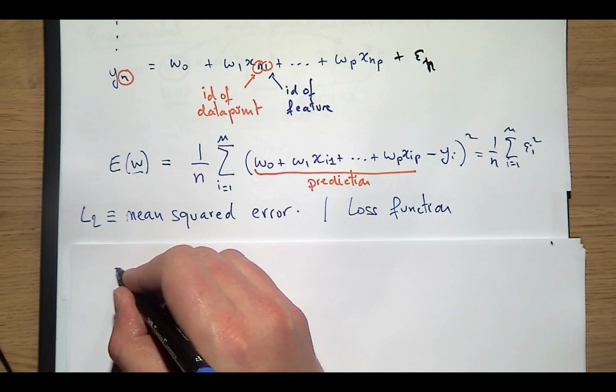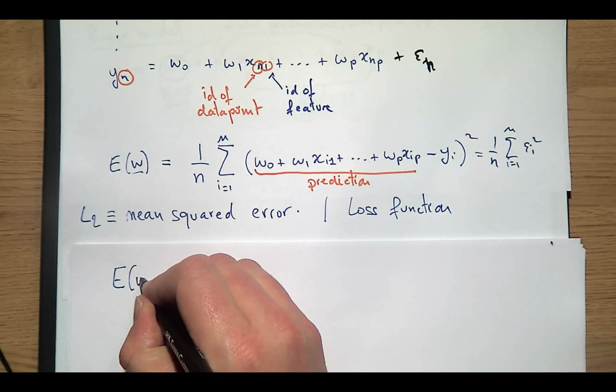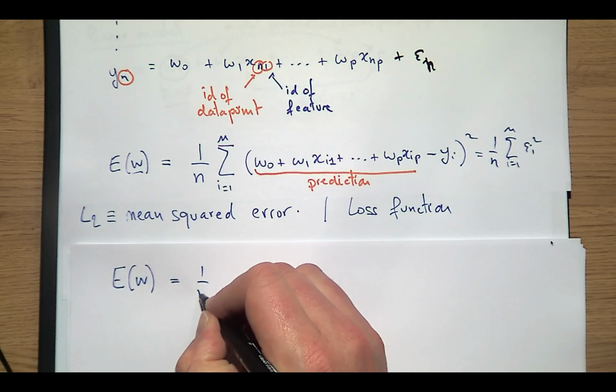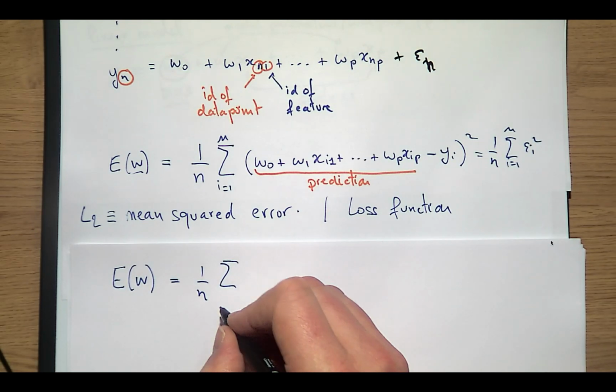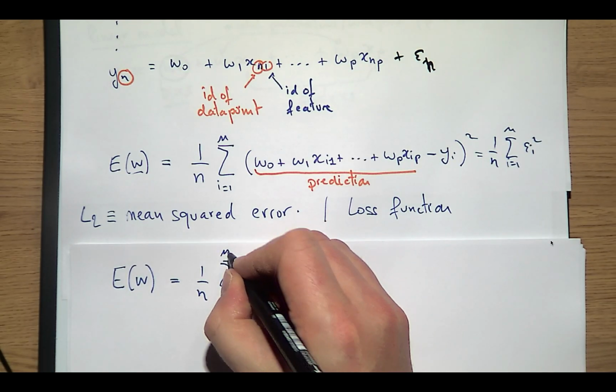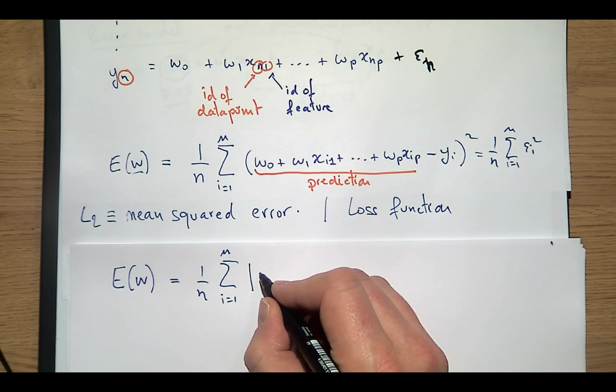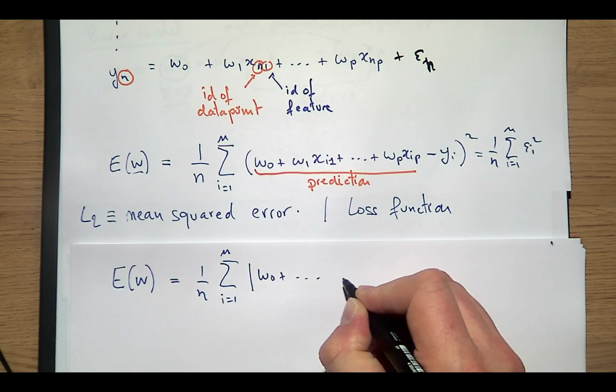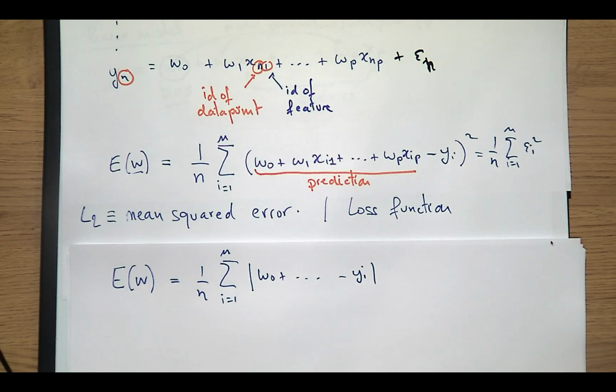So you could have said the error function here could have been, say, the mean absolute error or mean absolute difference, in which case we would have written our loss function this way.